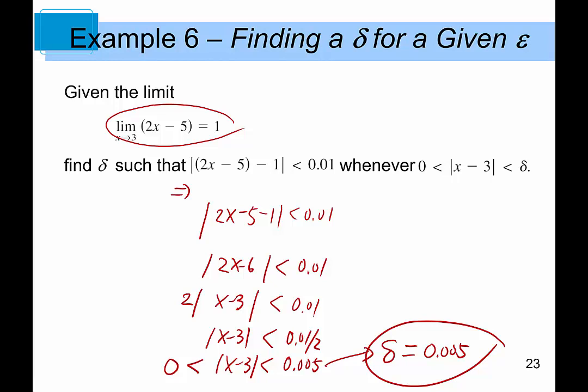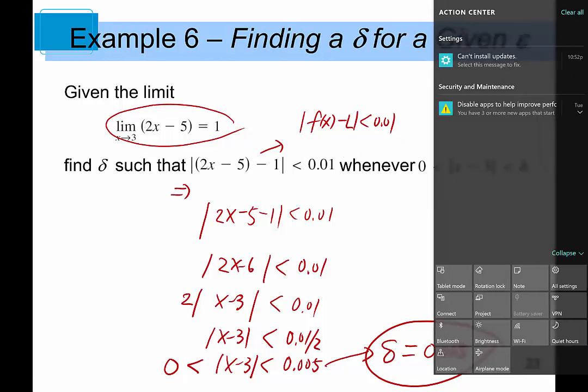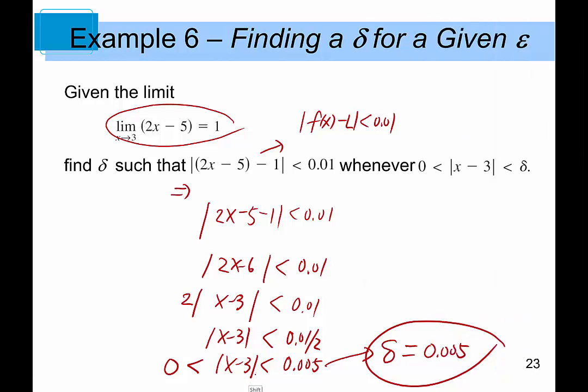This typically just becomes absolute value of f of x minus L less than 0.01. Now we go back to x minus c. Eventually we end up with absolute value of x minus c greater than 0, less than delta. That's why we're going from this to this.